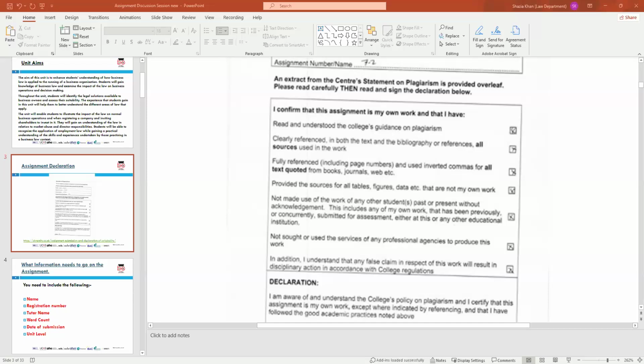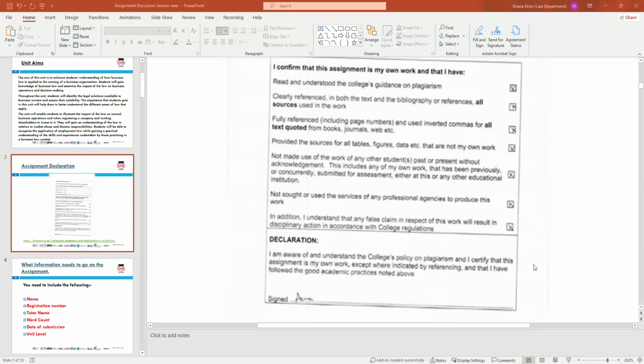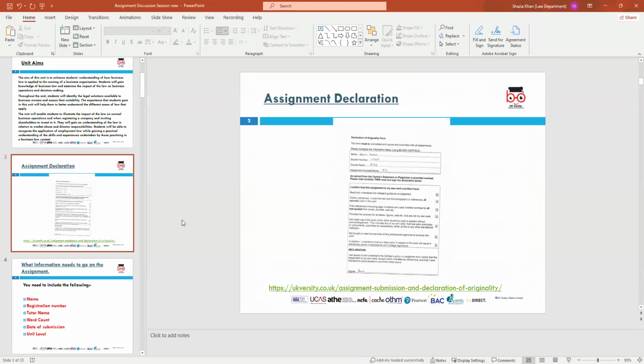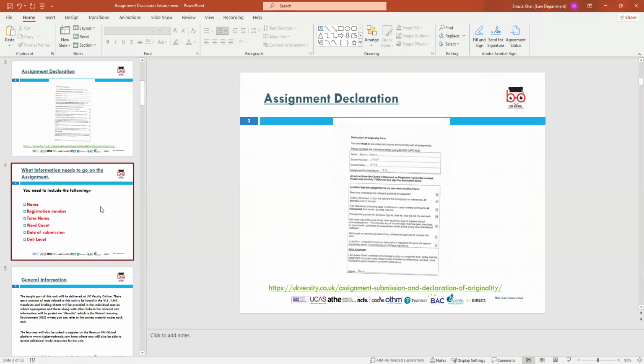So you have to be really, really careful that your work is your own work, because you are signing this declaration to say that you followed the organization's plagiarism policy, and the work you've submitted is your own work and not copied or anything. So it's really, really important you do that.